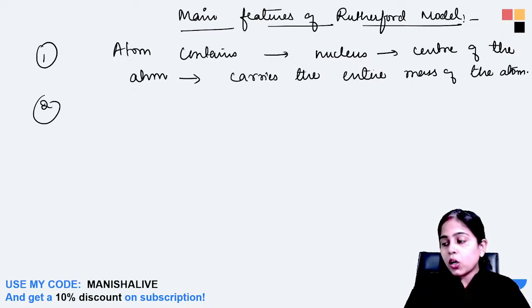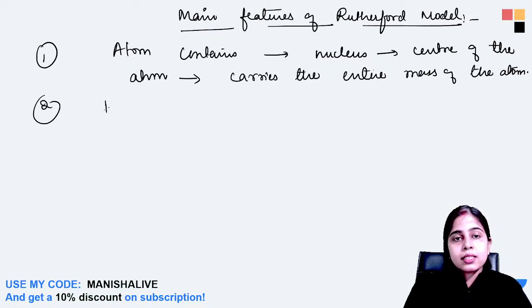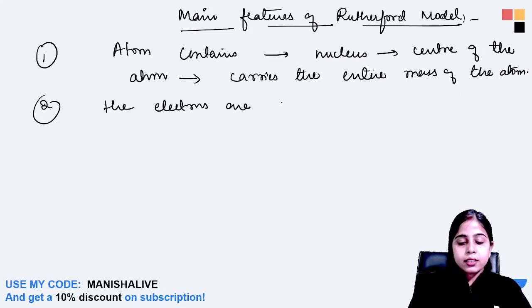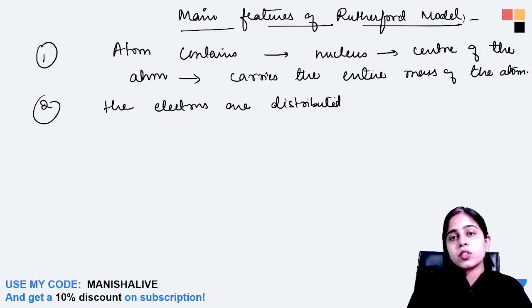Okay, very good. So these electrons are distributed, or you can say kept, any word you can use, in the empty part of the atom.